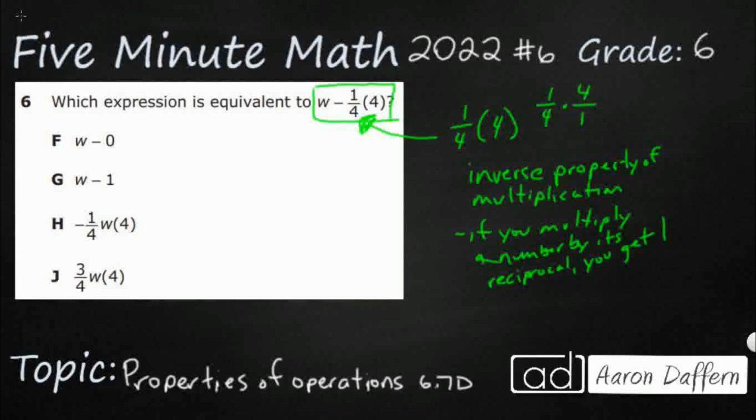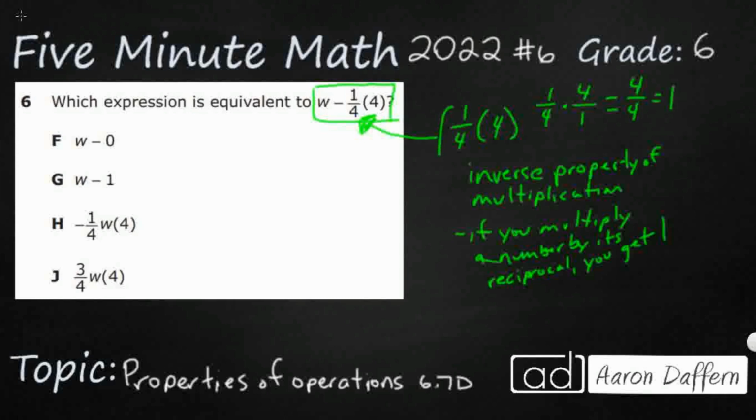Any whole number in the world, whether it's 1,096, could be turned into a fraction if you put it over 1, a denominator of 1. We just typically don't represent it like that. So really, this is 1/4 times 4 over 1. When we multiply fractions, we multiply straight across. 1 times 4 is 4. 4 times 1 is 4. So 4 over 4, which is 1.